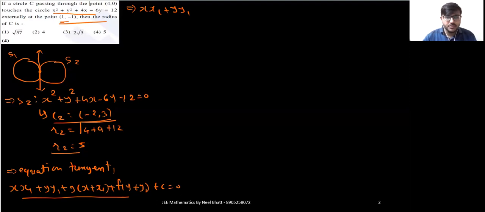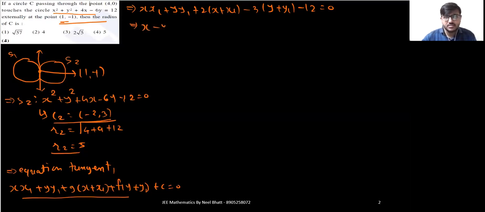So now for this given circle, it can be xx1 plus yy1 plus g, where g is the x coefficient of center, which is minus 2, into (x plus x1), and f is minus 3, into (y plus y1), minus 12 equals to 0. This equation of tangent passes through the point (1, -1), so let us put the values 1 and minus 1 in this equation.